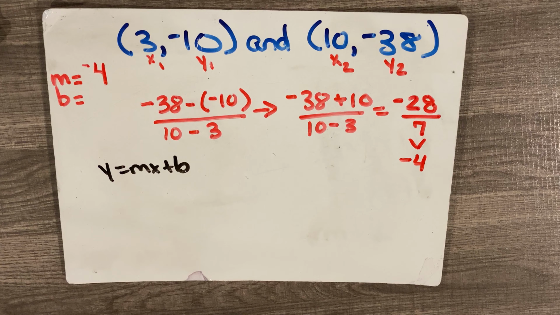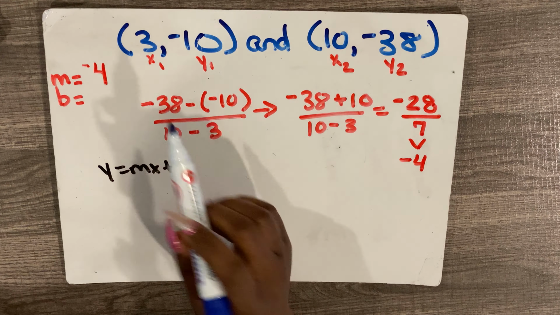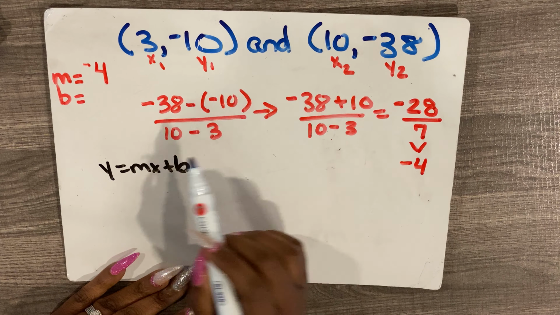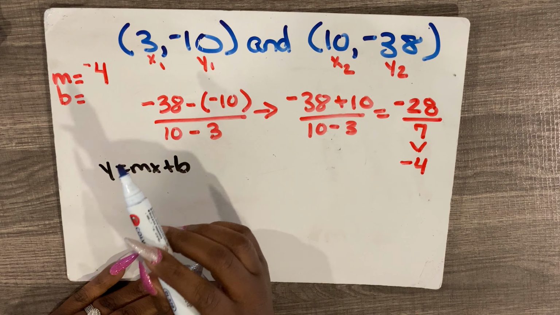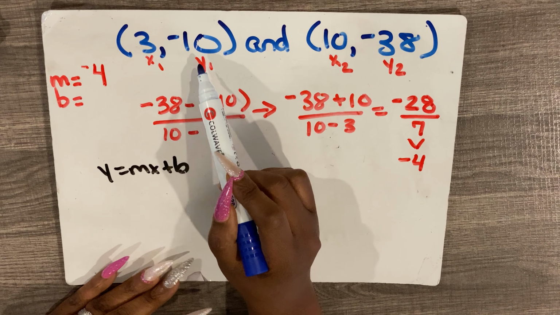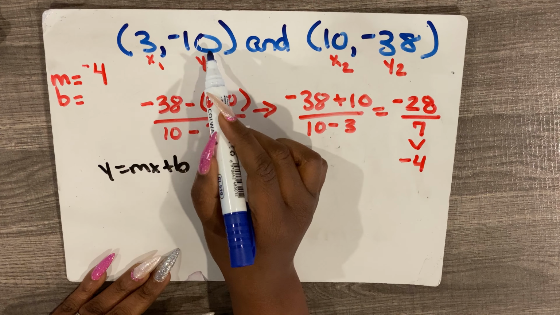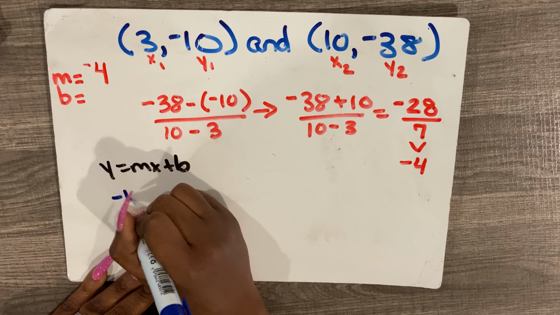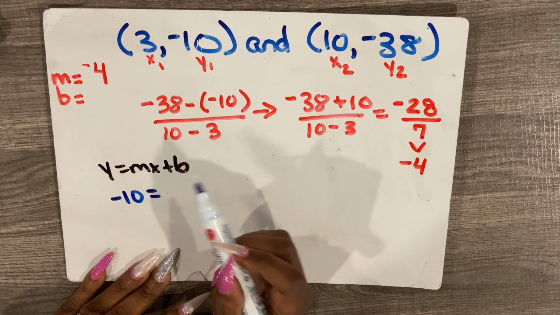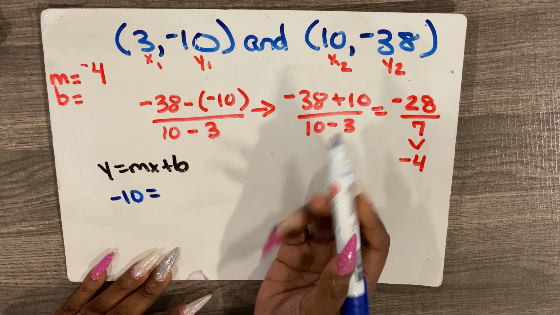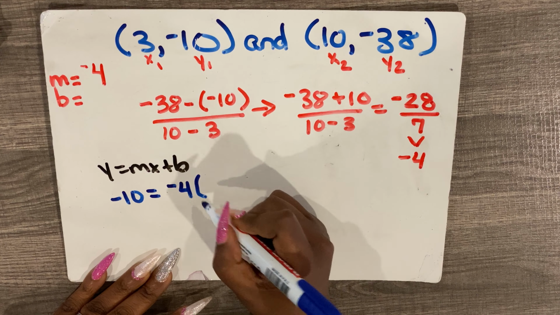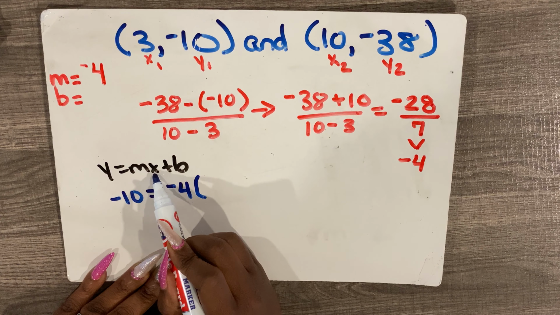If I have this as my x and this as my y, in my equation, I'm going to put this as my x and this as my y. I'm substituting. So I'm going to take that negative 10 and put it here. What is my slope? My slope is negative 4 times, because remember it's mx.